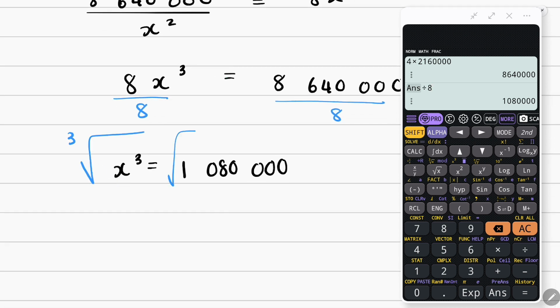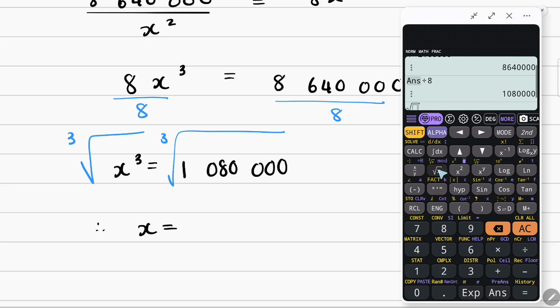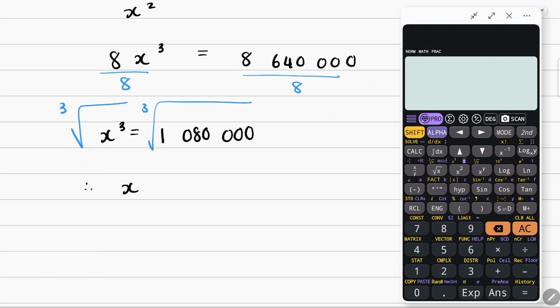So cube root, this doesn't work like square root. You don't have to consider the positive or negative solution. So x is simply equal to, we'll take this, and we're going to cube root that answer that we got. You just make it simpler. Okay, now just to ensure that this is correct, I'm just going to find the cube root like this. So the cube root of 1,080,000.